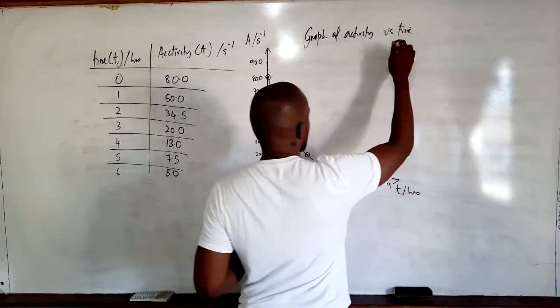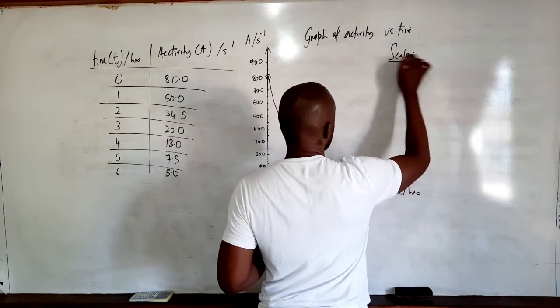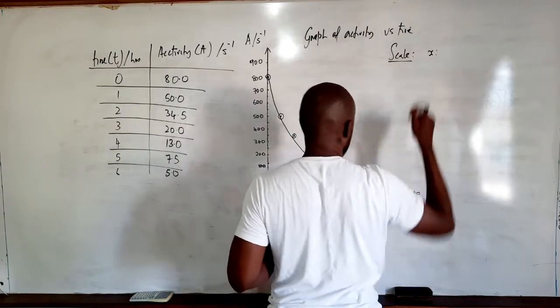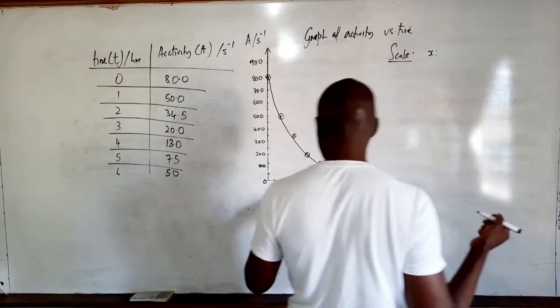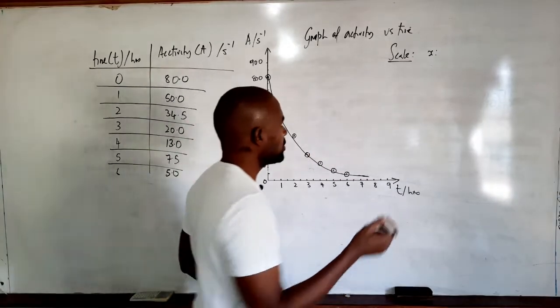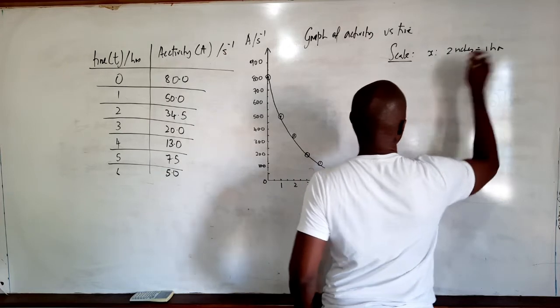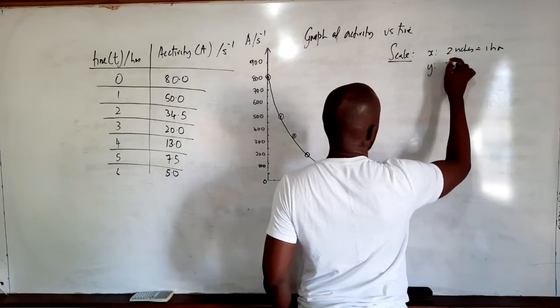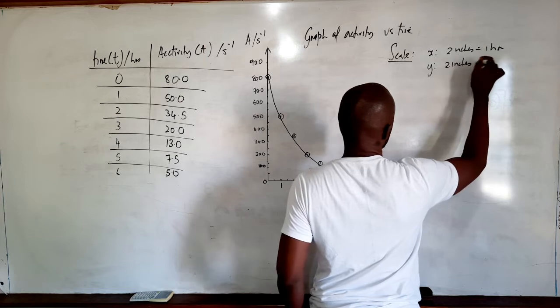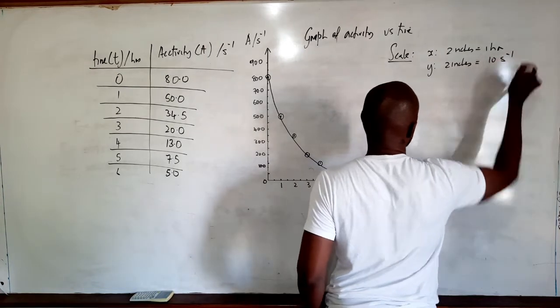And you state a scale as well. For the x-axis, I'm using a scale of 2 inches to represent 1 hour. So 2 inches equals 1 hour. And on the y-axis, I'm using a scale of 2 inches to represent 10 disintegrations per second.